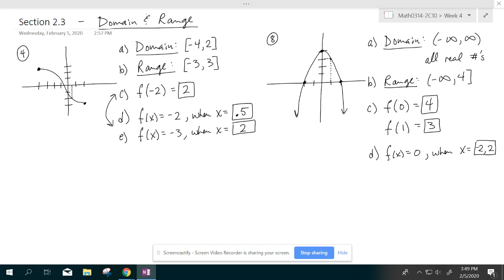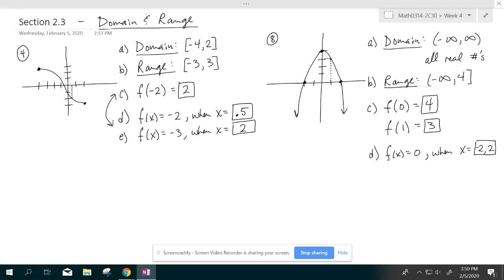Everybody see that one? Again, what letter does f of x represent? And if y equals 0, that has to be on the x-axis. Every y coordinate on the x-axis is 0. And so the graph touches at negative 2 and 2 on the x-axis. And now have y'all got that?